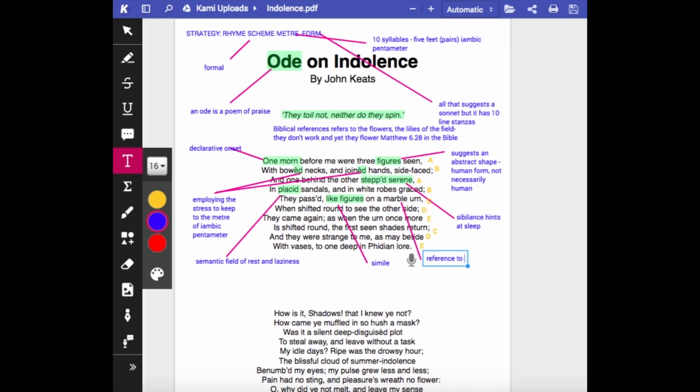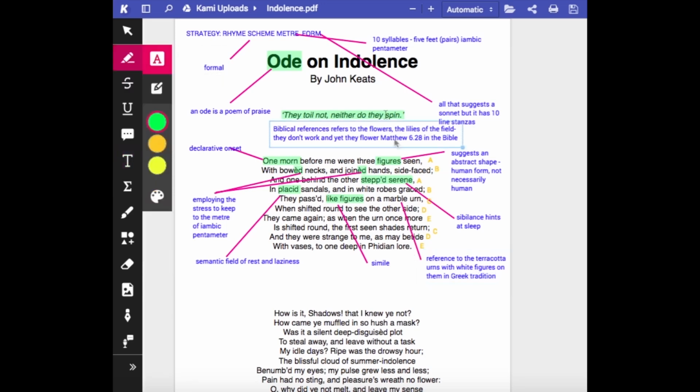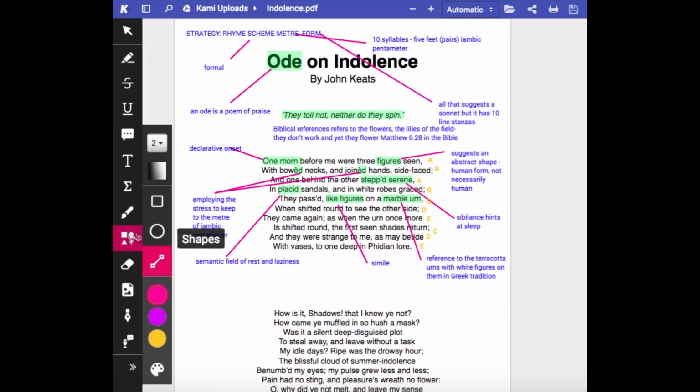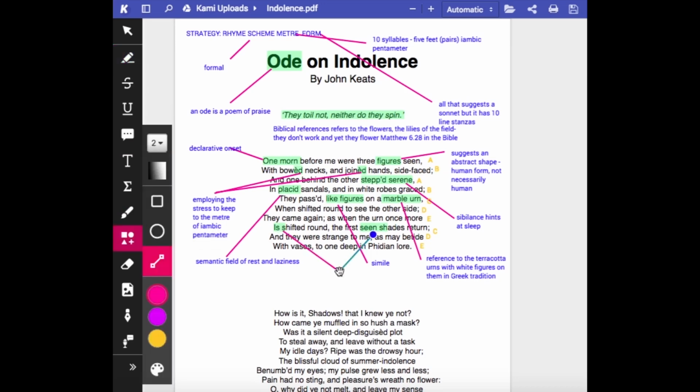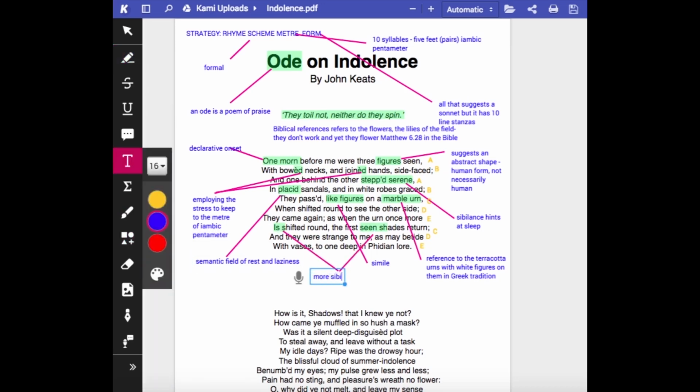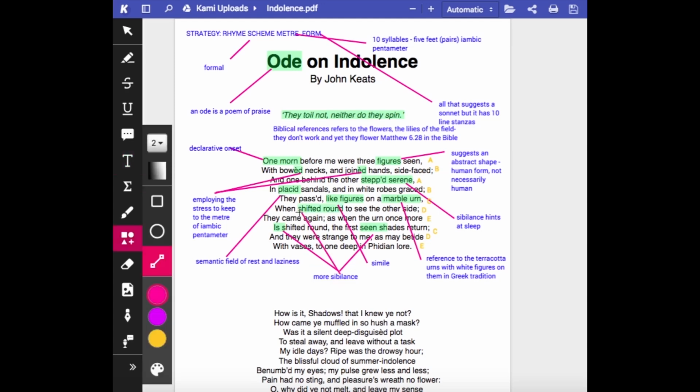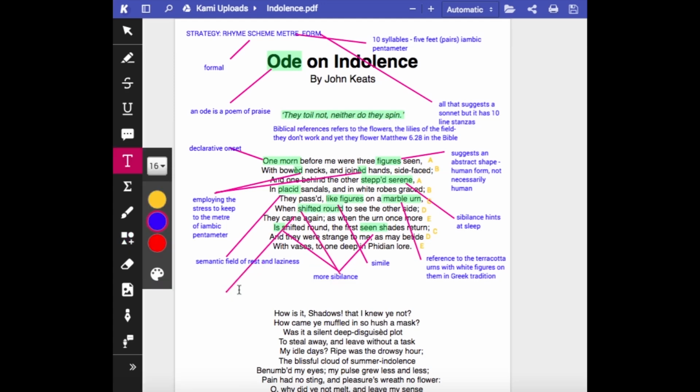And it's as if these three, I suggest women, young women, are walking hand in hand around this urn, their clothes floating out behind them. They're quite ethereal, which is the intention perhaps of the way those urns are created. A hint of sibilance. The urn turns, is shifted round, so you can see all of them as they move through, and they perhaps are circling in front of him in his vision.